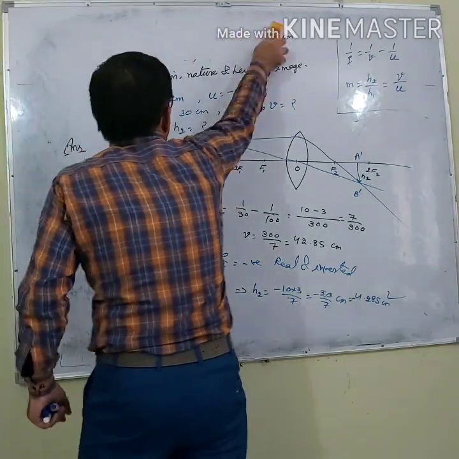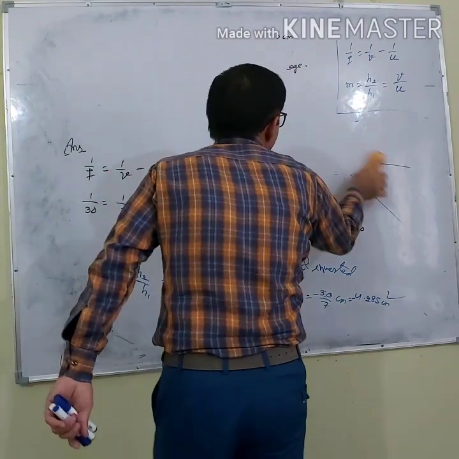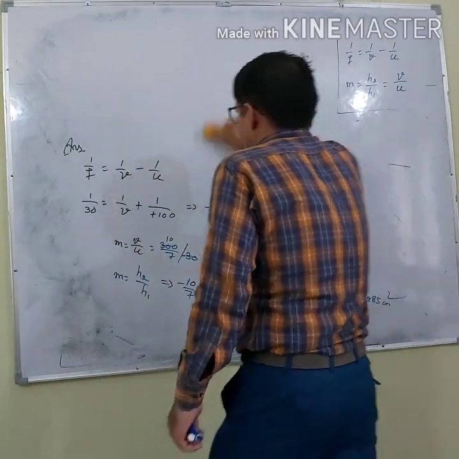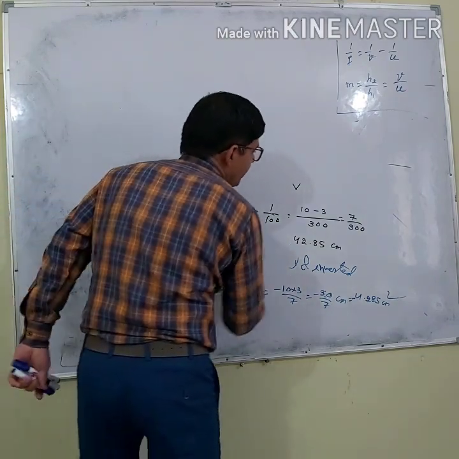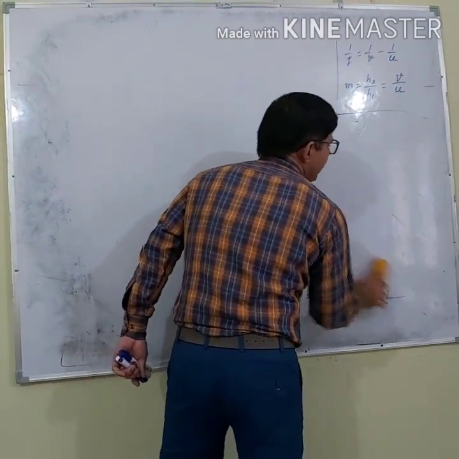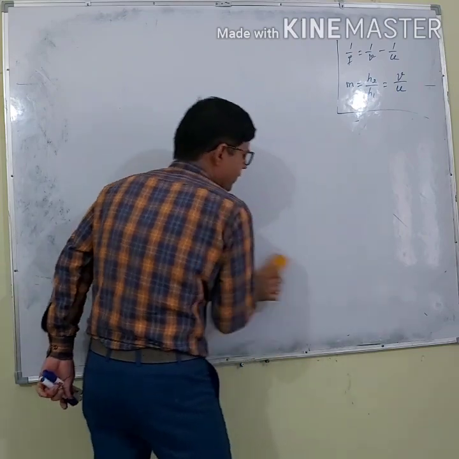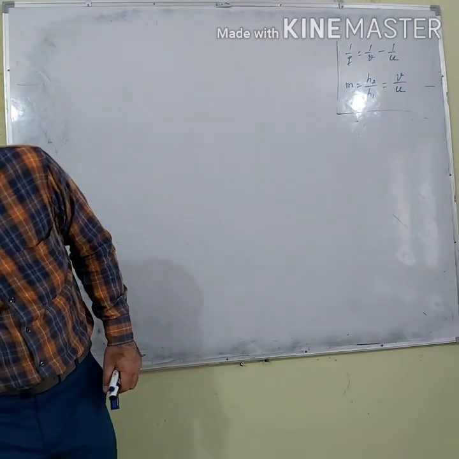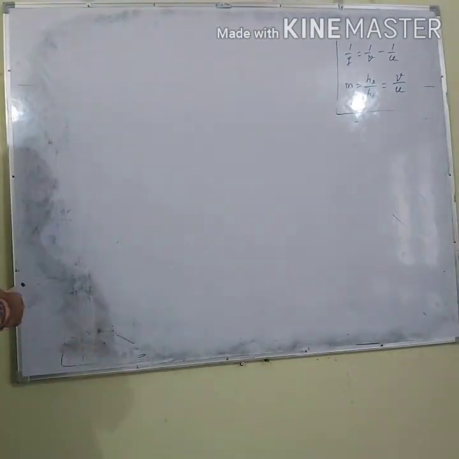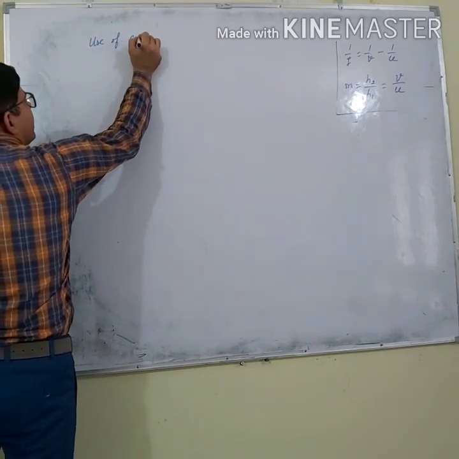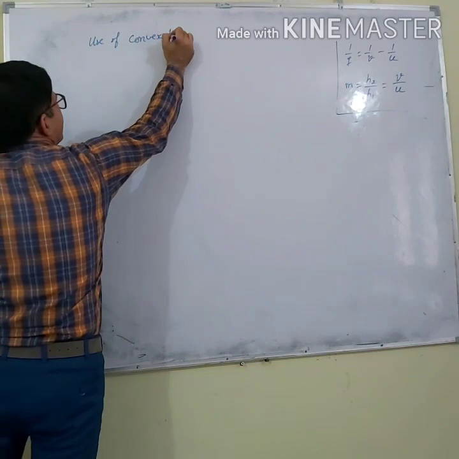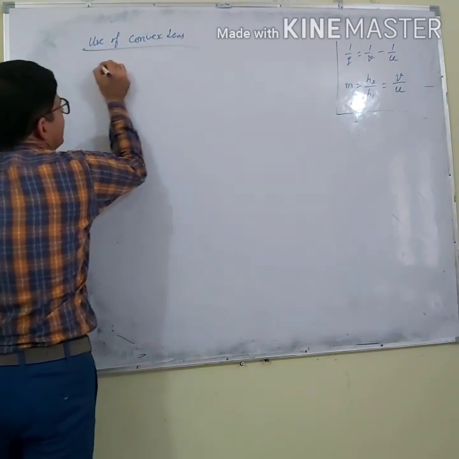Now next topic is, we have done lenses, and the question is, what are the uses of lenses? Lenses are very, very important for us. I have told you. Now, let's discuss one by one the uses of convex lens. What are the uses of convex lens?